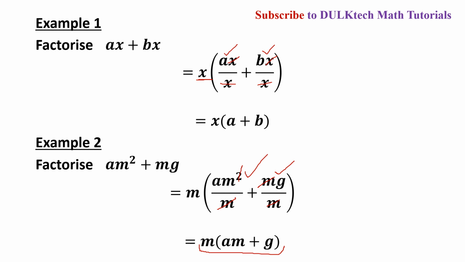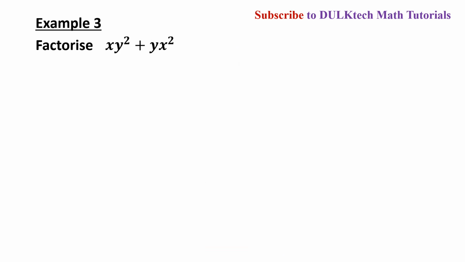Our next example. We want to factorize this one. As usual, we want to find the highest common factor of xy squared plus yx squared. The highest common factor here is xy, so we are going to take xy. Then we rewrite this expression as it is. Then we divide every term by the highest common factor xy that we have taken out.